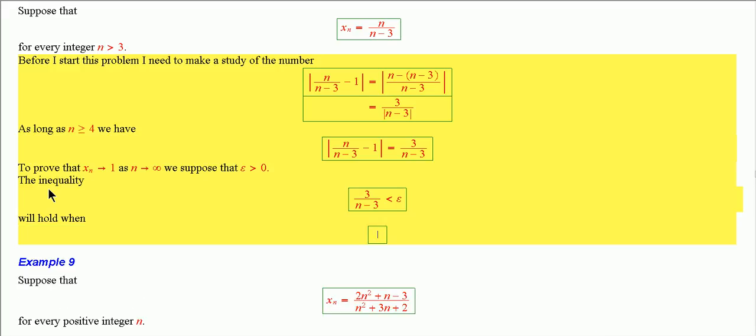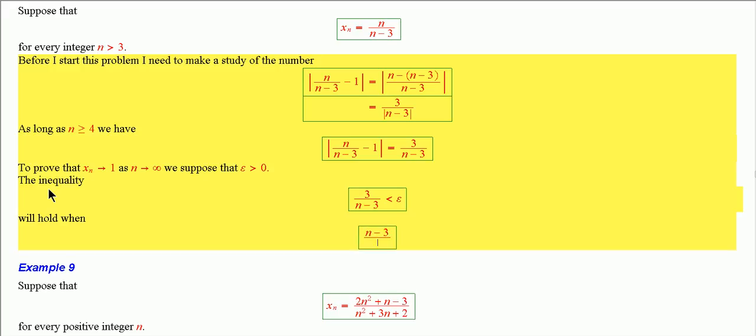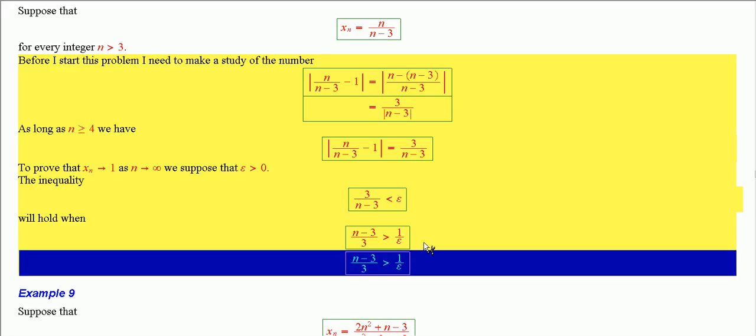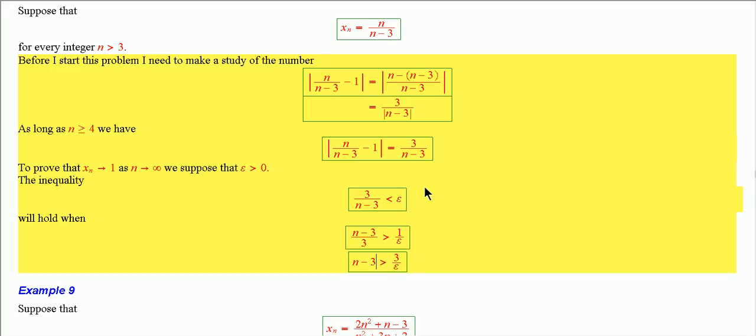I'm going to flip over: n minus 3 divided by 3 is greater than 1 over epsilon, right? Okay, multiply both sides by the positive number 3. You with me? And add 3 to both sides.